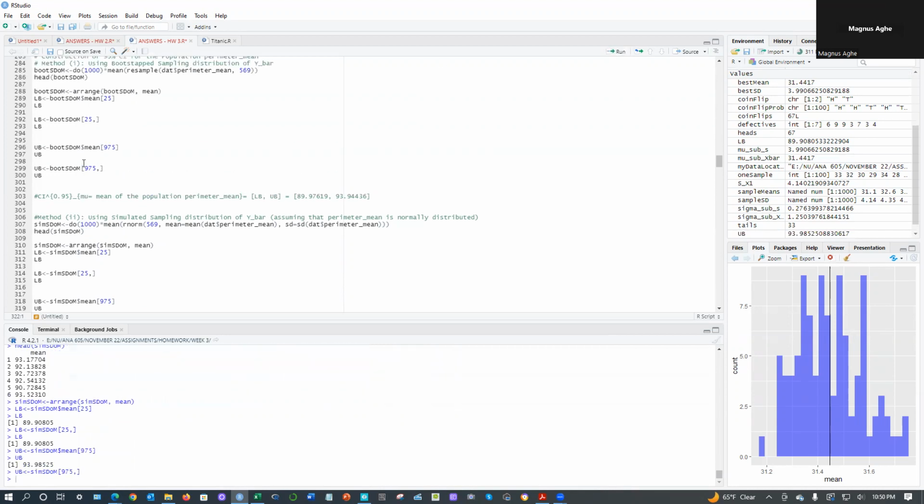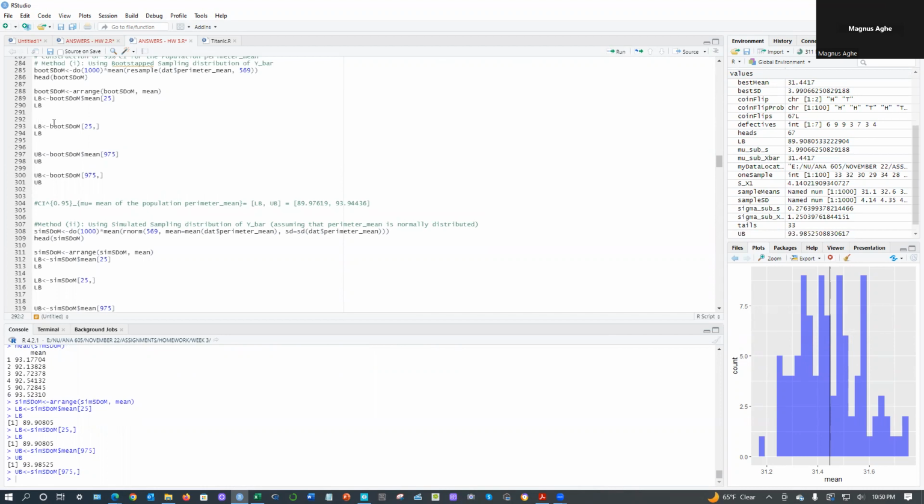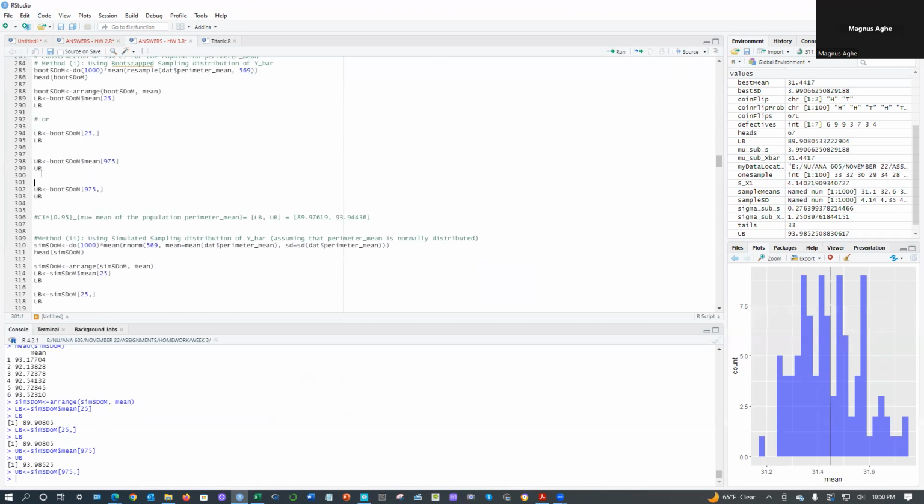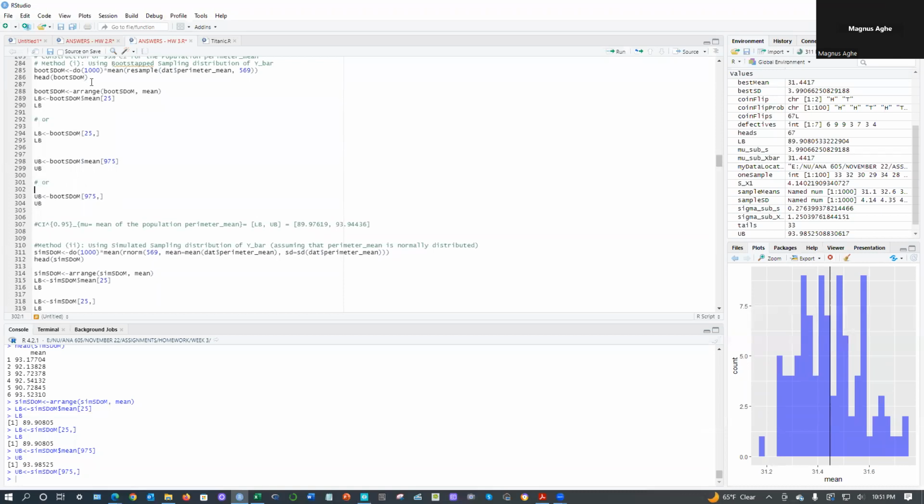You can get the lower bound this way or this way. Then the upper bound this way or this way.